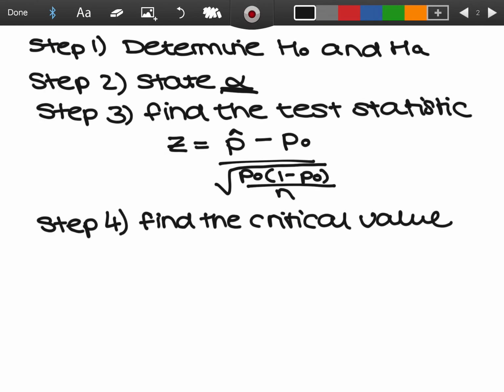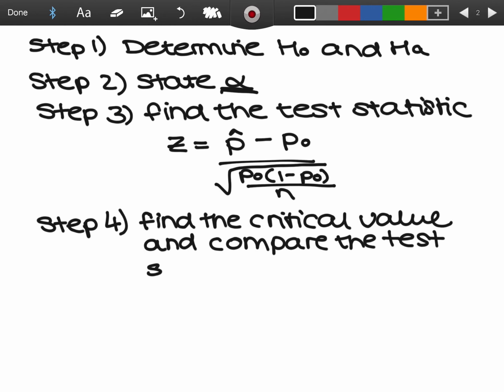But if that test statistic instead falls in the region where we're okay with it, that means that we're going to fail to reject. So find the critical value and compare the test statistic to the critical value.